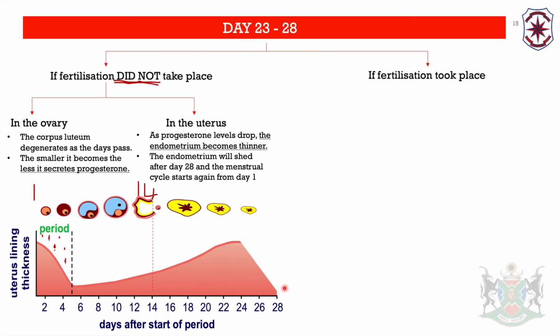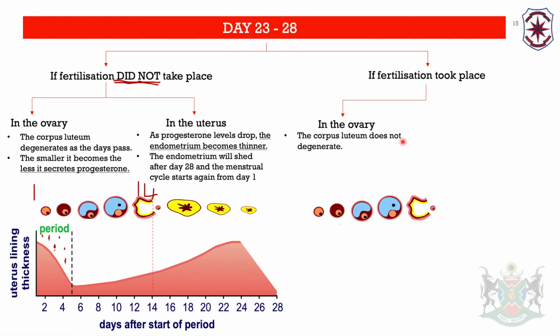But what happens if fertilization did take place? So, in the ovaries, the corpus luteum does not degenerate. All right? So, as you can see over there, ovulation took place at day 14, and then the corpus luteum does not degenerate. It remains intact.